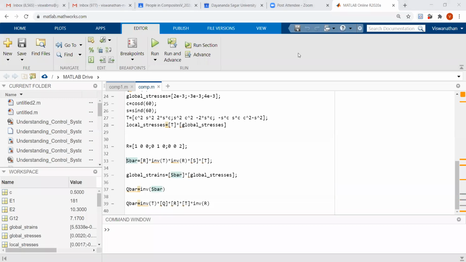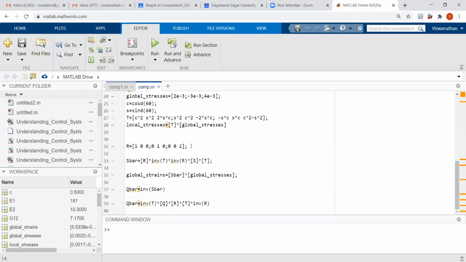So you have the R defined. You have done till here, right? You define the R matrix 1, 0, 0, 0, 1, 0, and 0, 0, 2.